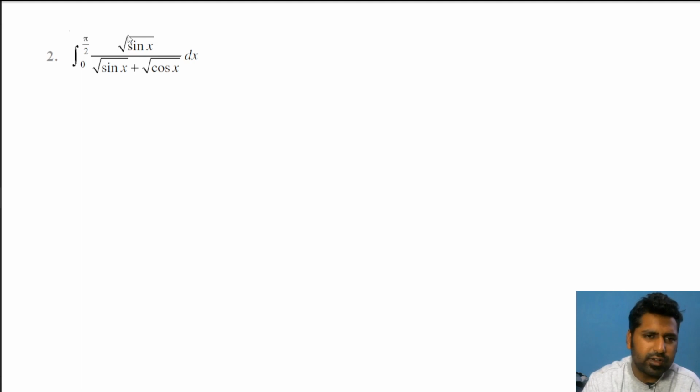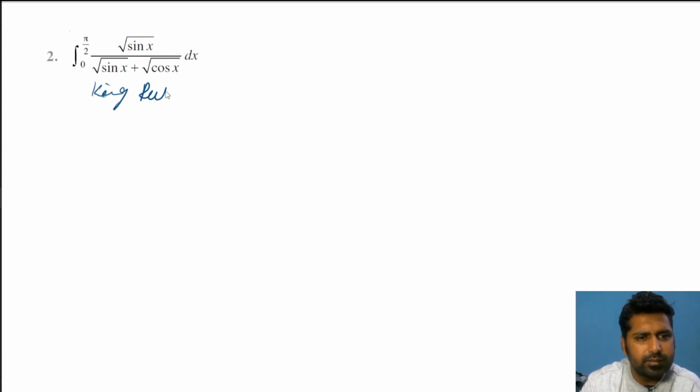Yes, if we were doing an indefinite integral I would have thought about that, but right now I'll think from the property point of view. Definite integral is mostly about properties, never truly about the real integration. Let's see the property. 0 to pi by 2, nothing can be done. Let's apply the king rule first.